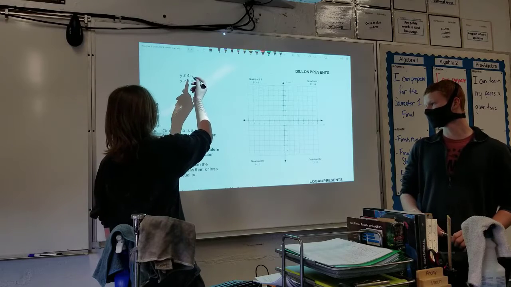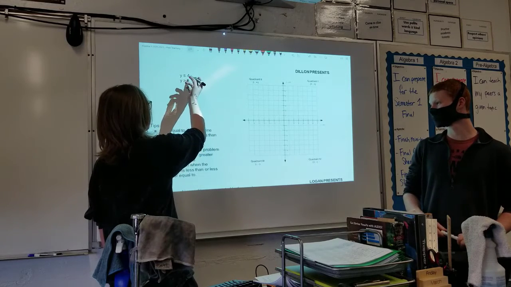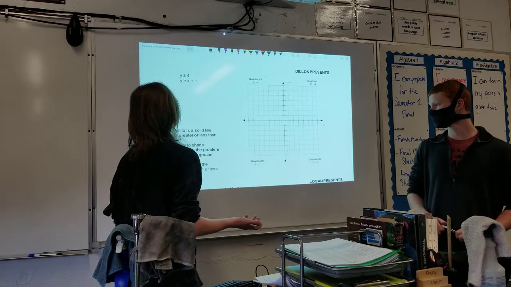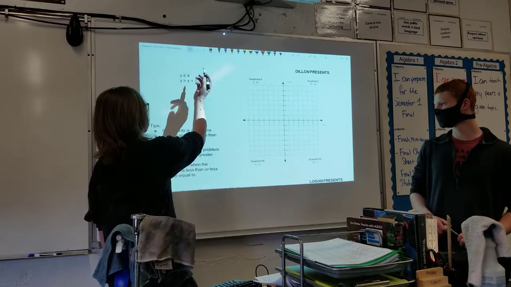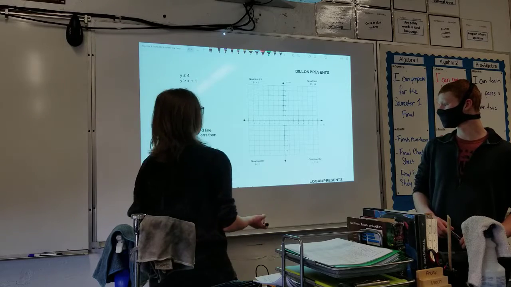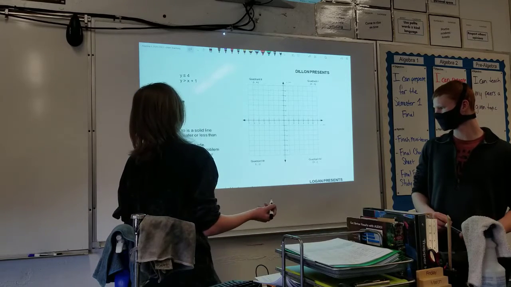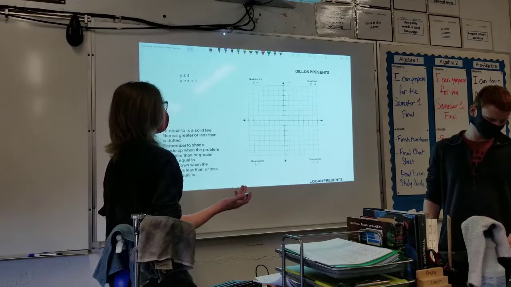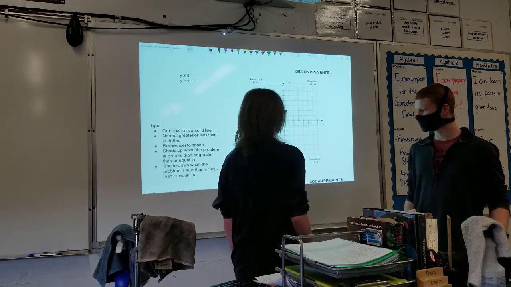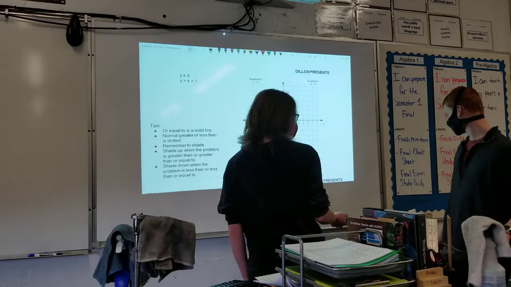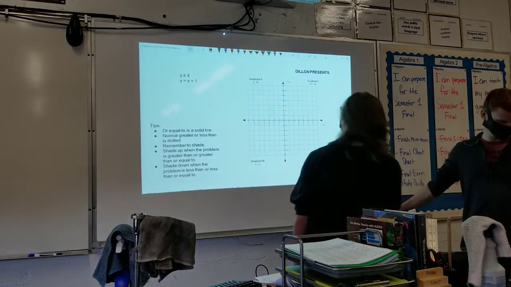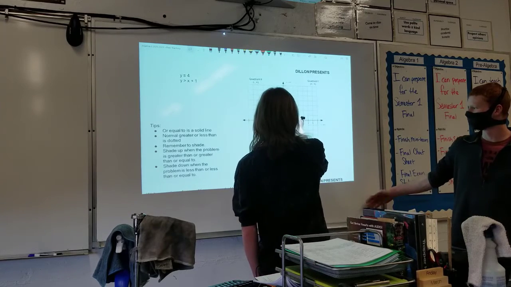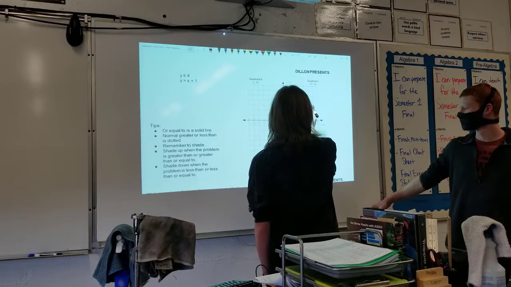So this one, y is less than or equal to 4, and the 4 would be on the y-axis. I can't read the numbers on here. So you put it at the 4.